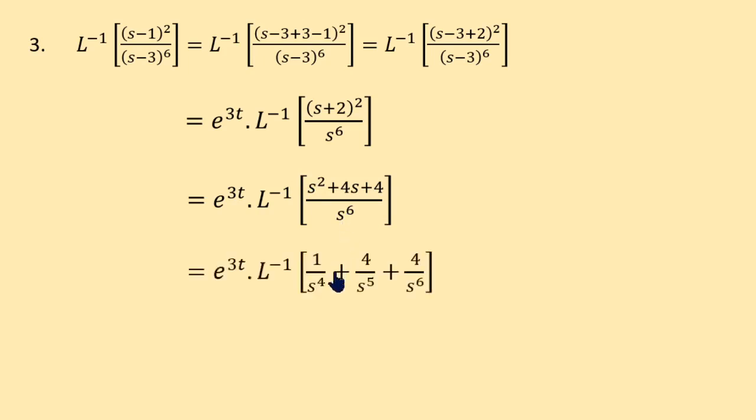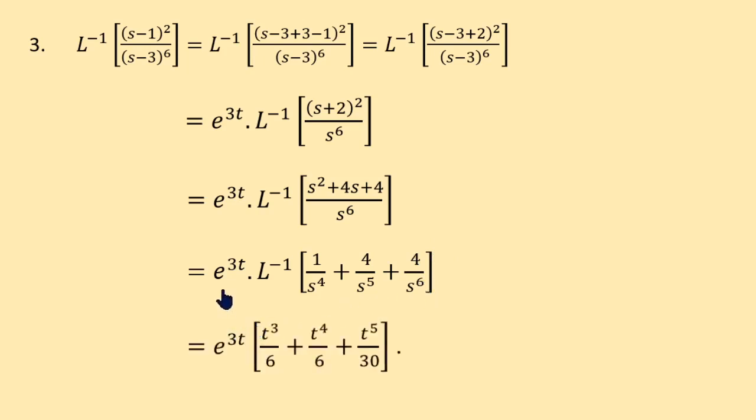And we know that L inverse of 1 by s power n is t power n minus 1 by n minus 1 factorial. Therefore, inverse of 1 by s power 4 is t cube by 3 factorial plus 4 into t power 4 by 4 factorial plus 4 into t power 5 by 5 factorial.